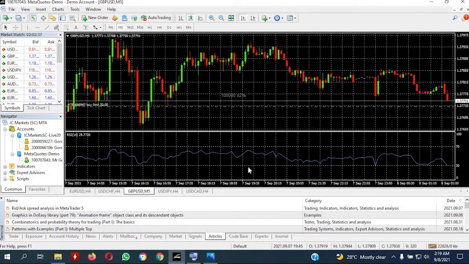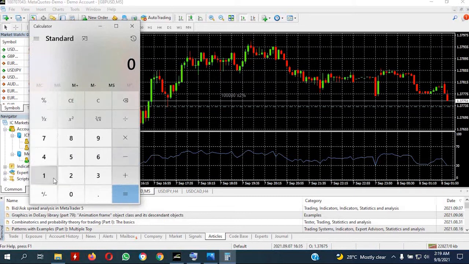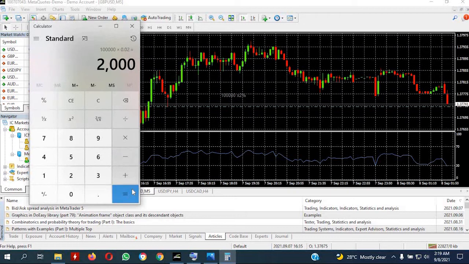Bring up the calculator. So we're going to do the 100,000 times 2%, equals 2,000. So 2% of the 100,000 is equal to 2,000. With this demo account, I should not be risking more than $2,000 of this account on any one trade. So that's the first step.